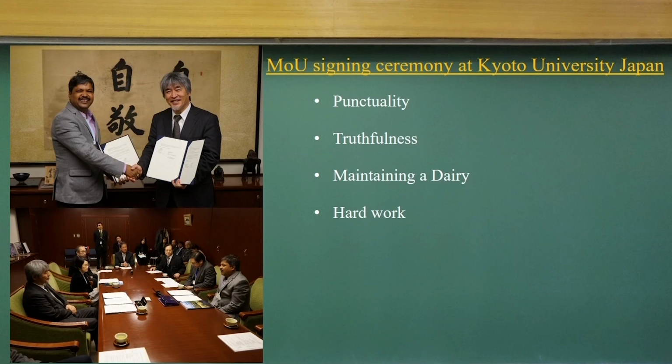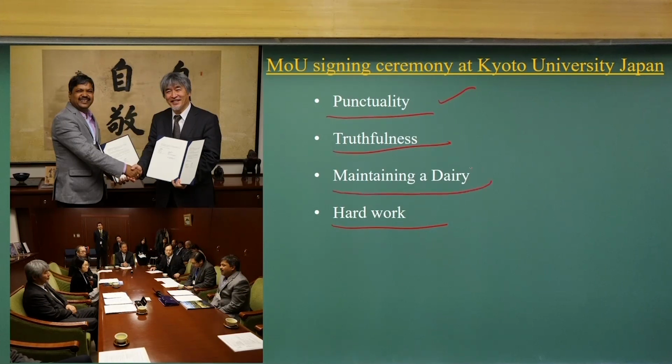What I want to say is, if I try to understand the success story behind Japanese research development after World War II, I can visualize three human characteristics that helped them improve their economic conditions after the war. One is, no doubt, hard work, truthfulness, and punctuality.